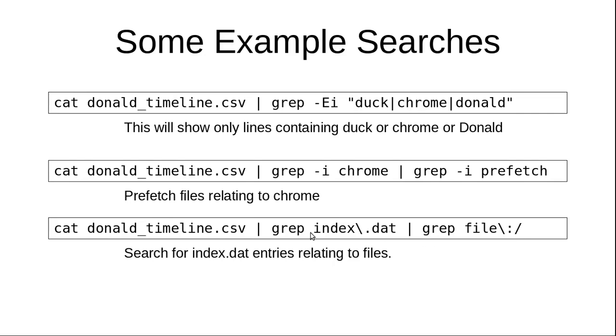Remember, index.dat is the history file for Internet Explorer, but it's also used for the File Explorer, and in that case the entries will contain file colon. So you can search index.dat for all entries relating to files, and you can see which files were accessed on a computer. So this is again a powerful search.